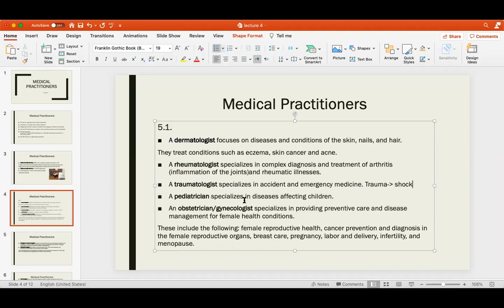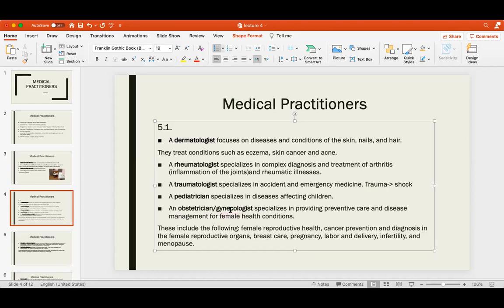A pediatrician specializes in diseases affecting children. An obstetrician or gynecologist specializes in providing preventive care and disease management for female health conditions.